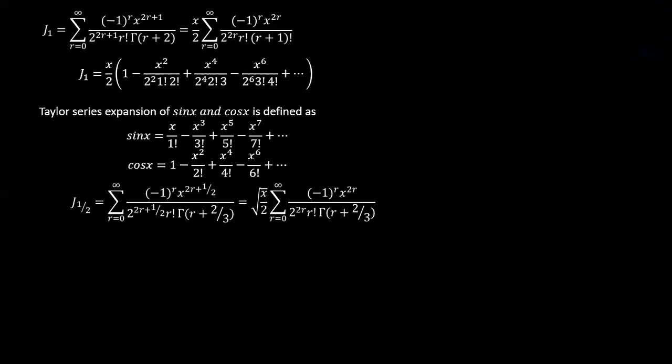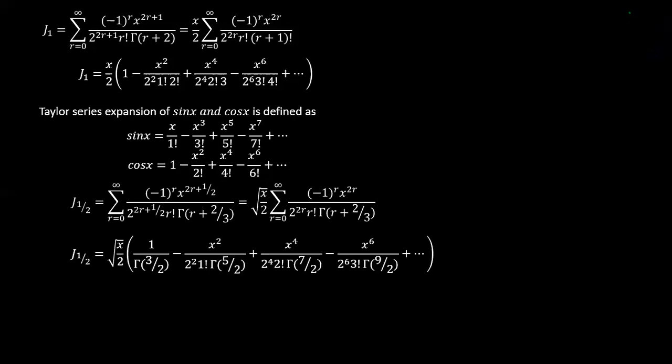Then I have the summation, r from 0 to infinity, of (-1)^r x^(2r) divided by 2^(2r) r! Γ(r + 3/2). If I express the series now, I have the square root of x divided by 2 times: when r is equal to 0, I have 1 over Γ(3/2); minus, when r is equal to 1, x squared divided by 2 squared, 1 factorial, Γ(5/2).